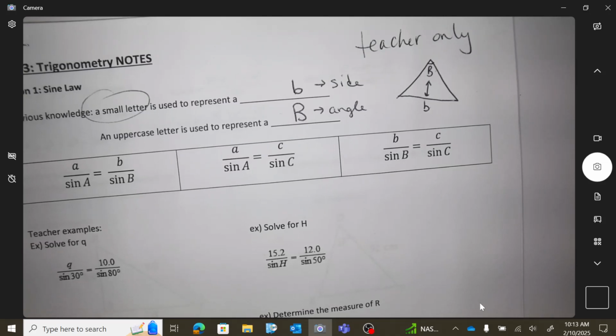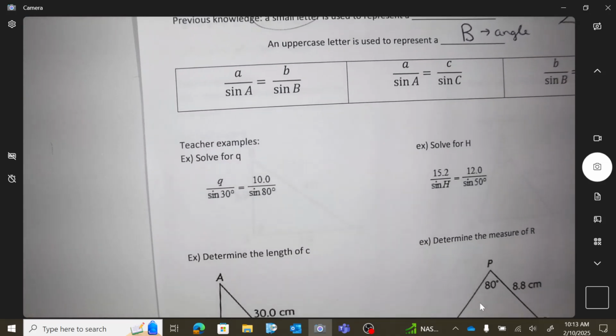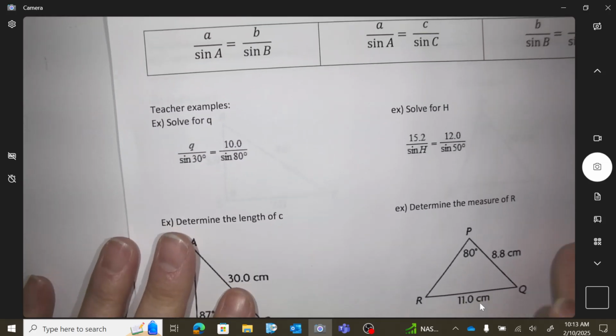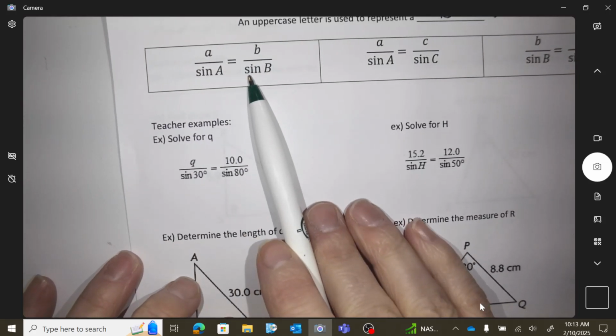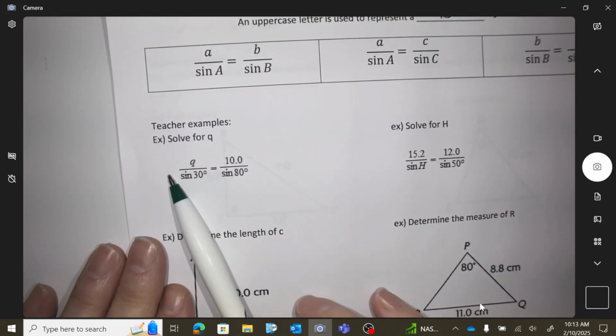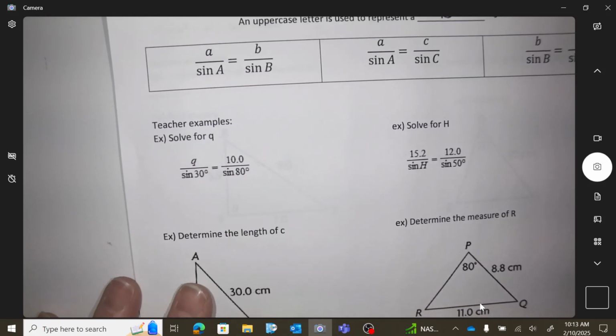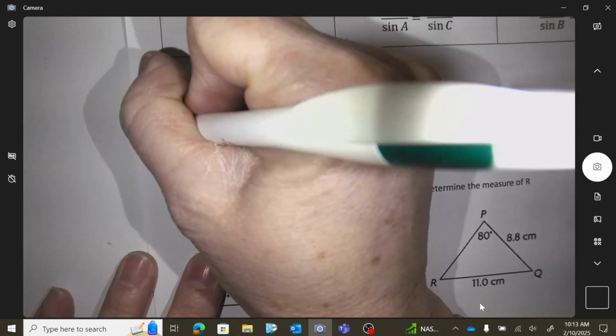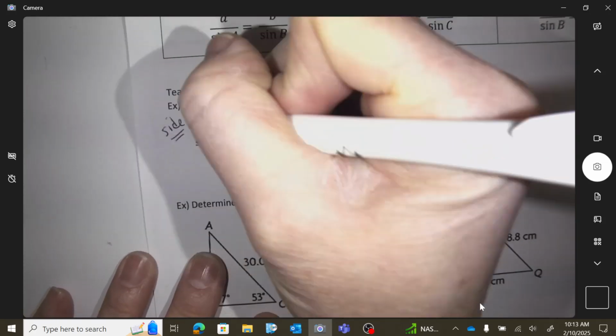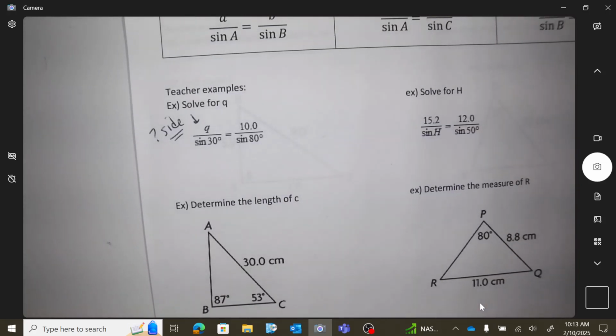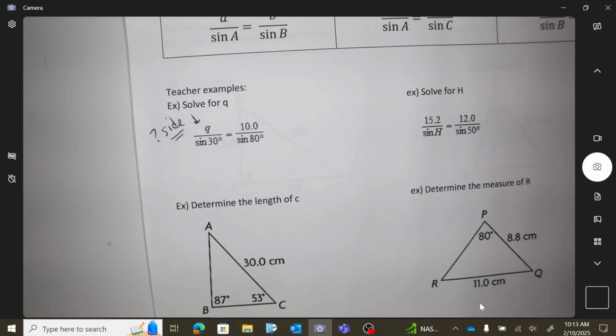The first thing here is just figuring out how to use this formula. This is the formula, and it would always set up like this. Here I'm asked to figure out a side. In math, when you have two fractions equal to each other, you can always use a strategy called cross multiply.